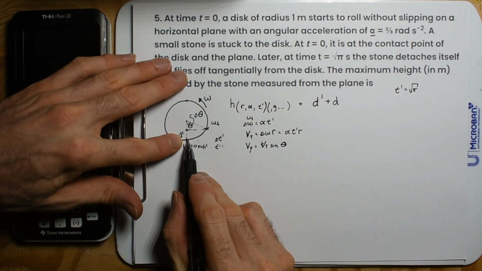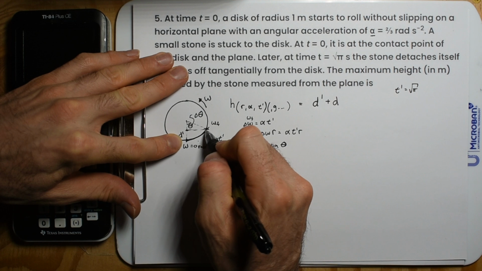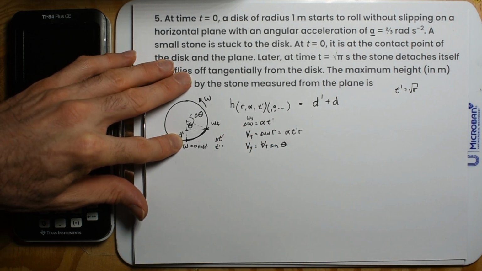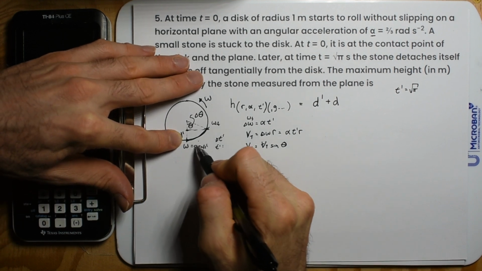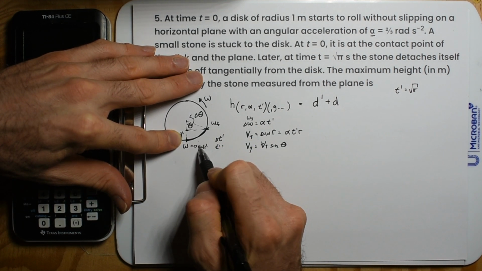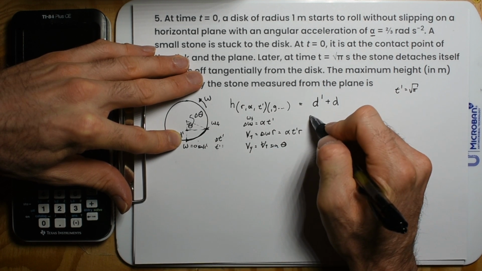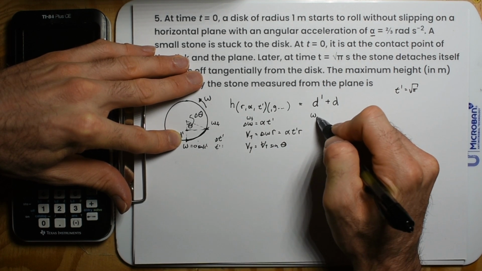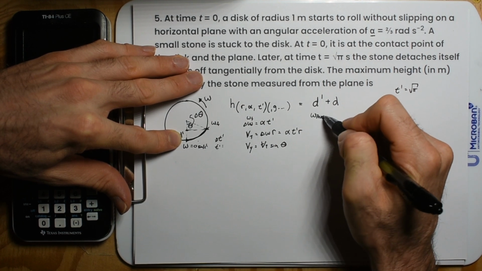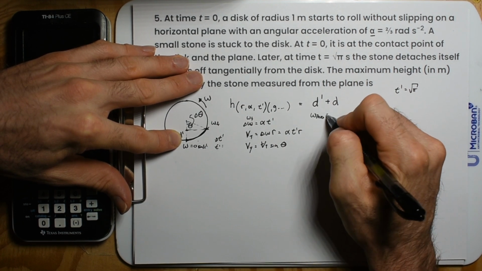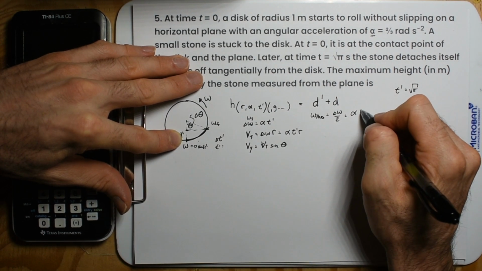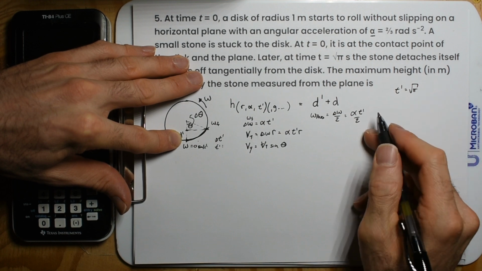But what angle did we get to? How did we find that? We said that if we started at 0 and got up to this change in omega, then our average radial speed, in radians per second, is going to be our change in omega divided by 2, which is alpha t prime divided by 2.